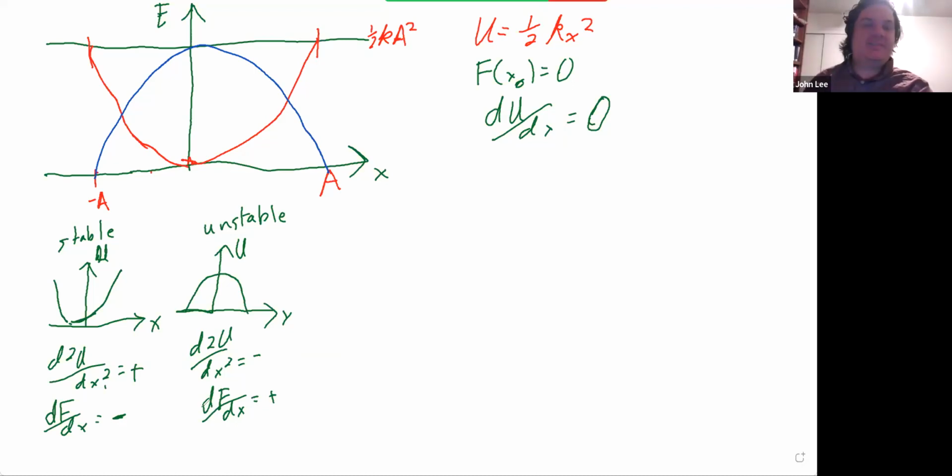So what this means is that for dF dx equals negative, if you have a force, if you push it out a little bit, then it's going to come back to its initial position.